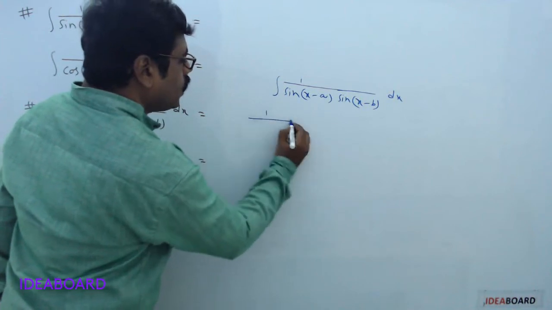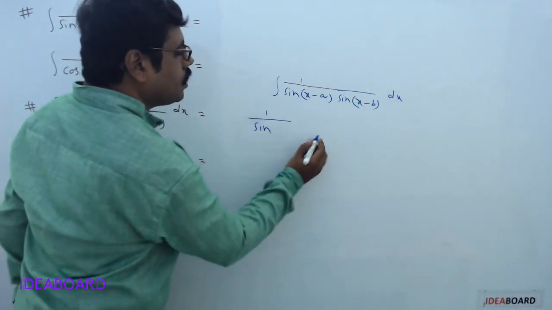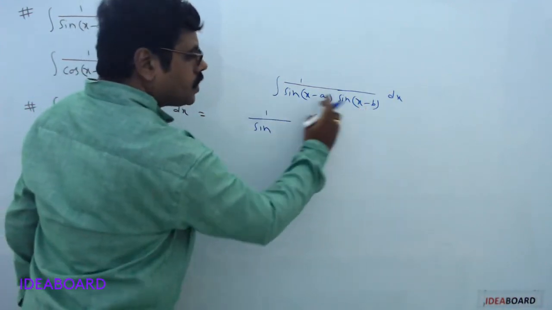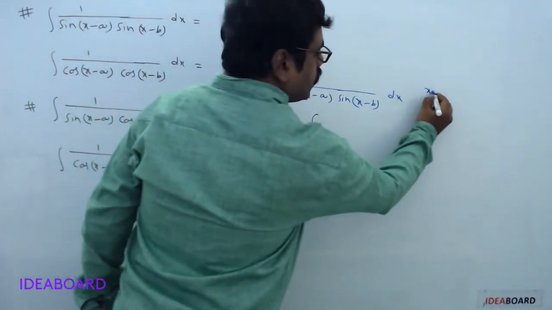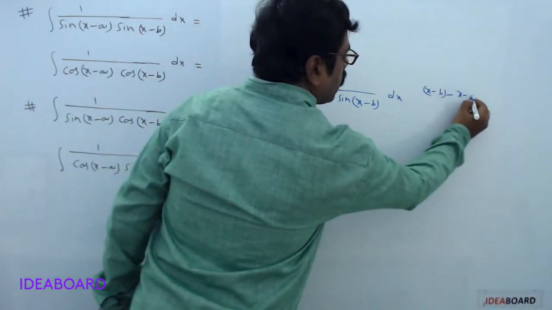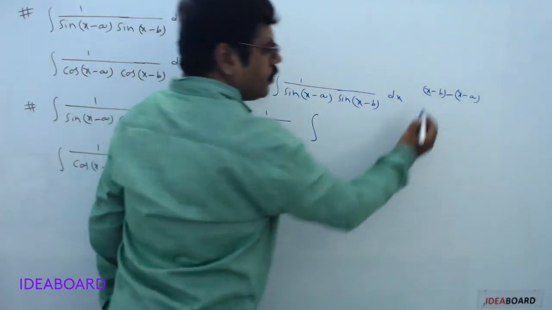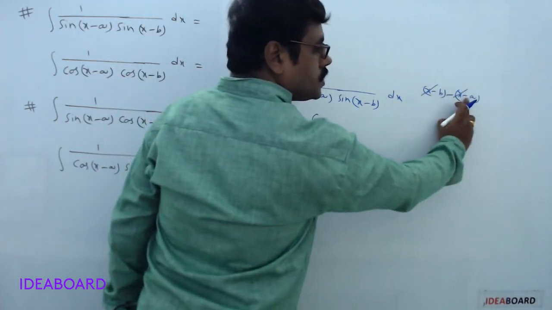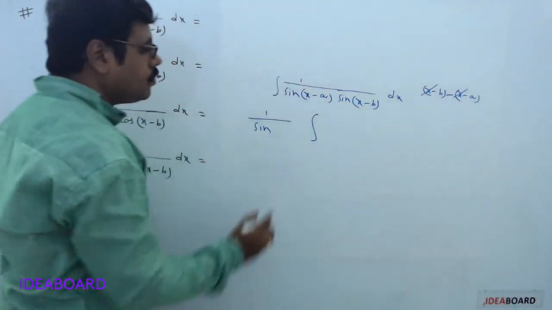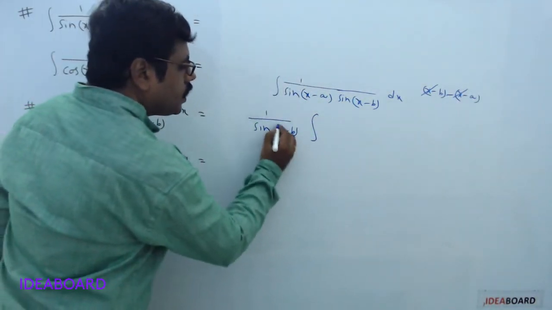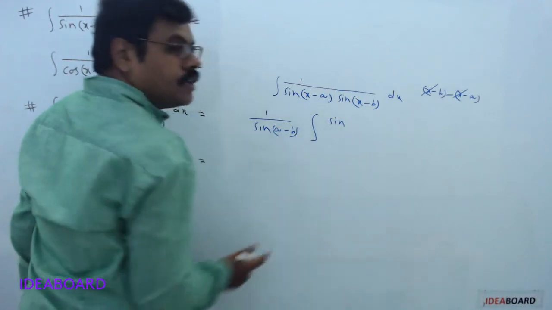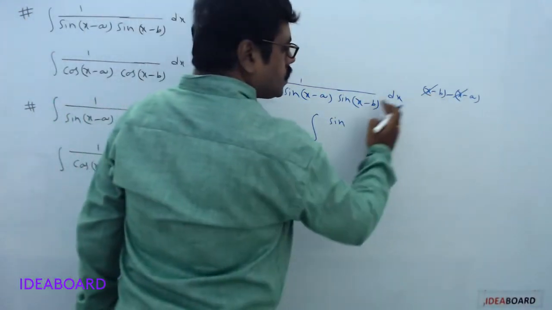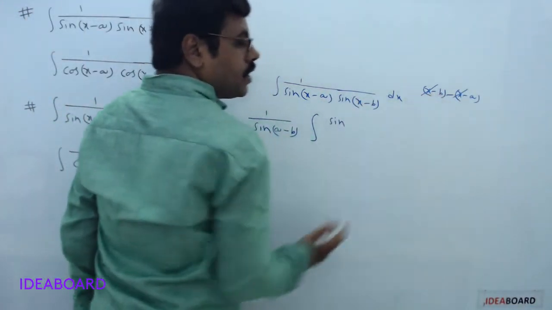So that is 1 divided by sine of difference of angles, that is x minus b minus of x minus a. Now here x will be cancelled. This is minus b plus a. It will be a minus b. So dividing and multiplying with the sine of difference of angles in the denominator.